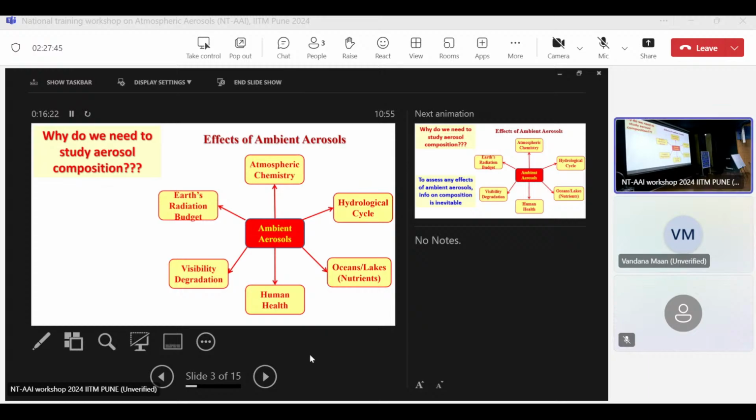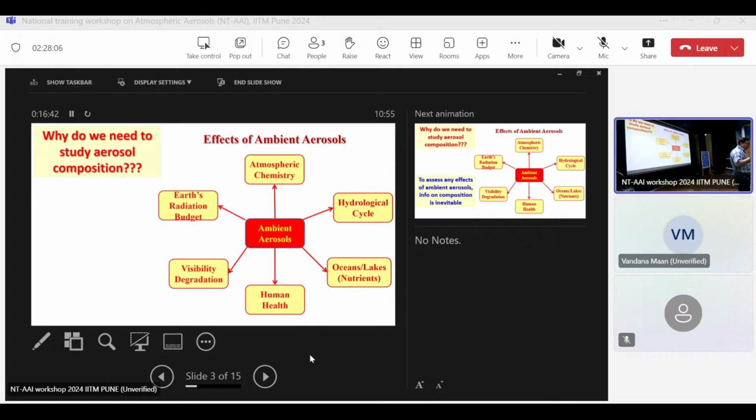Photochemical reactions. See, there are things. One is aerosol can provide surface. For any reaction to happen, the molecules have to come closer and interact, and there is some collision efficiency, so when they collide, some fraction of them will react.